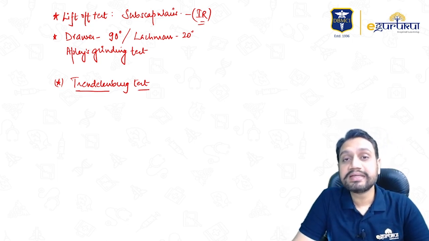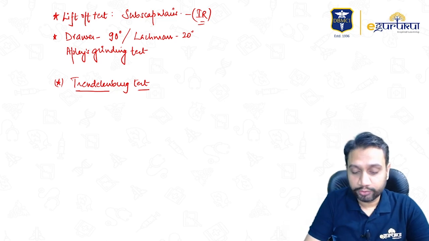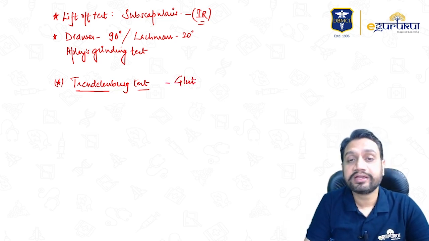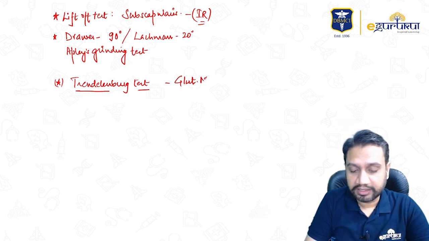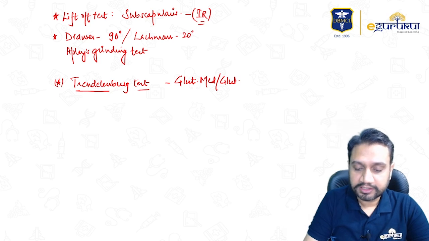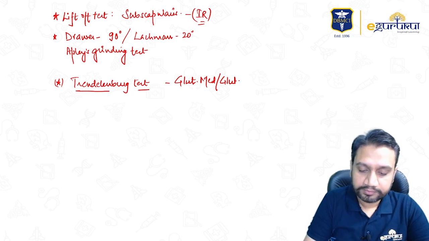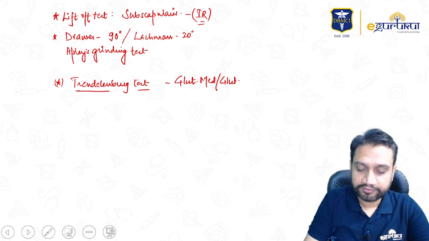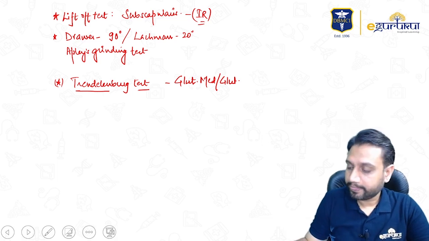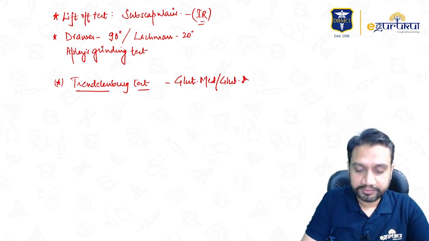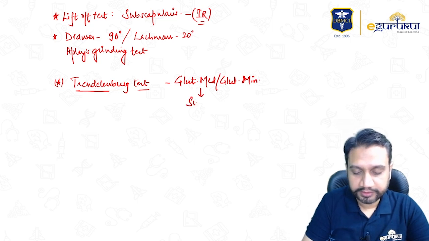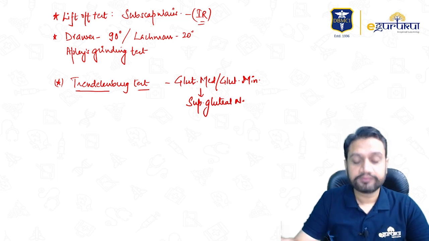So gluteus medius and gluteus minimus, and do remember they get their supply not from the inferior, but from the superior gluteal nerve. Superior gluteal nerve. Remember this.